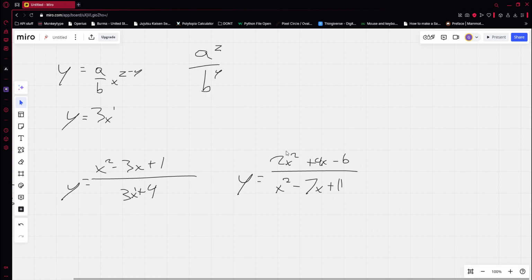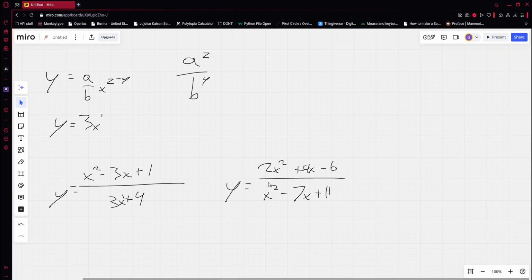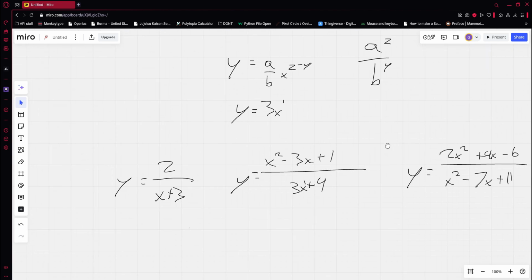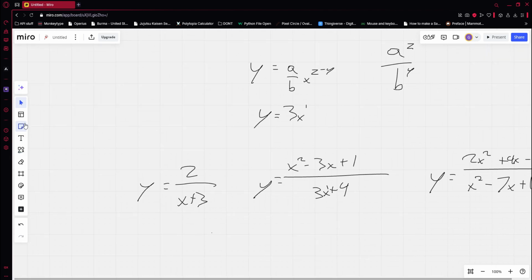You could just do the same formula, actually you could do the same formula to all of these, really. It's the same kind of logic.